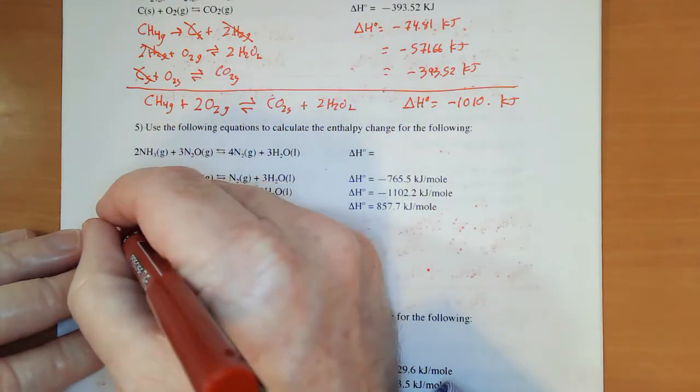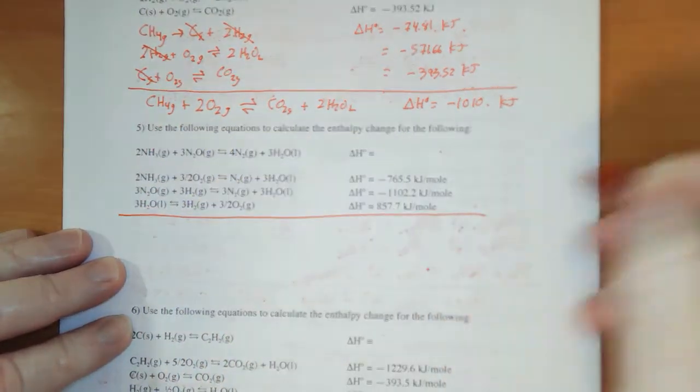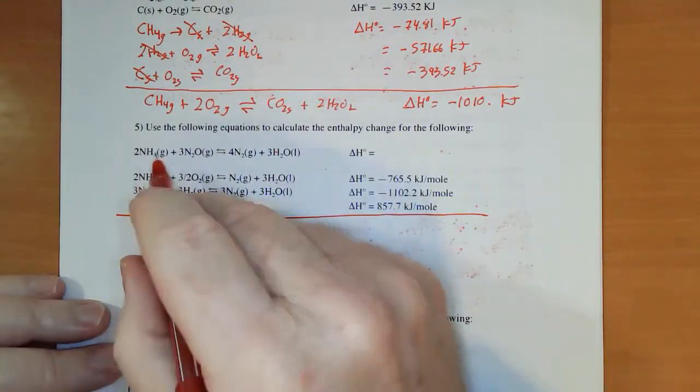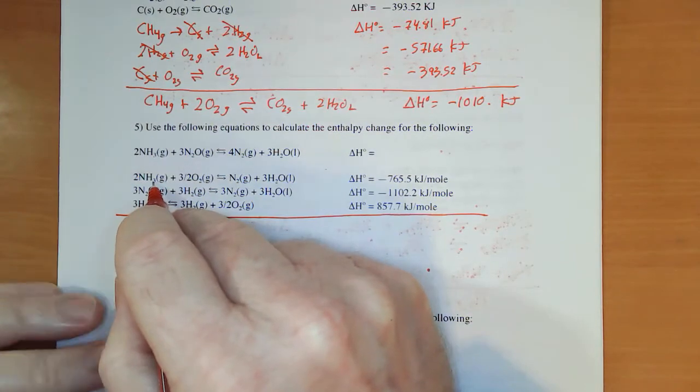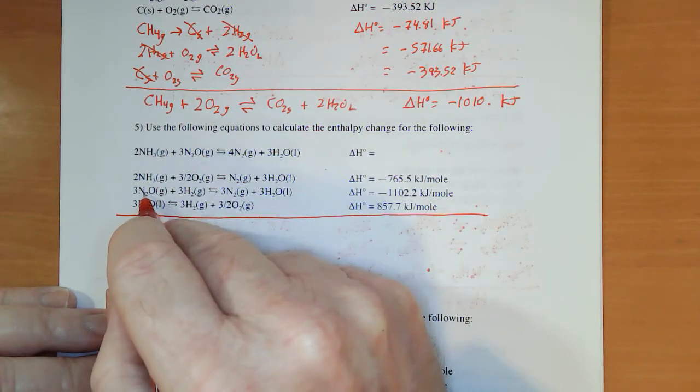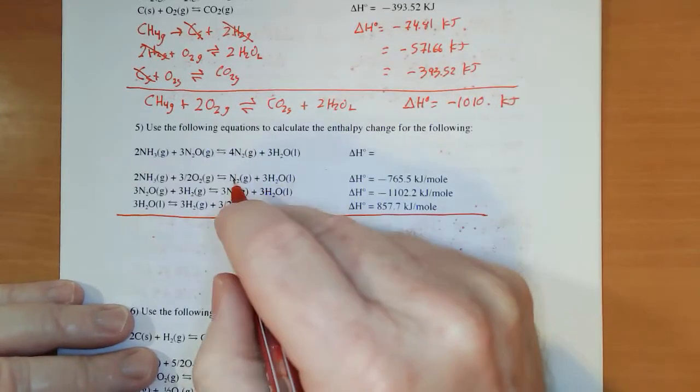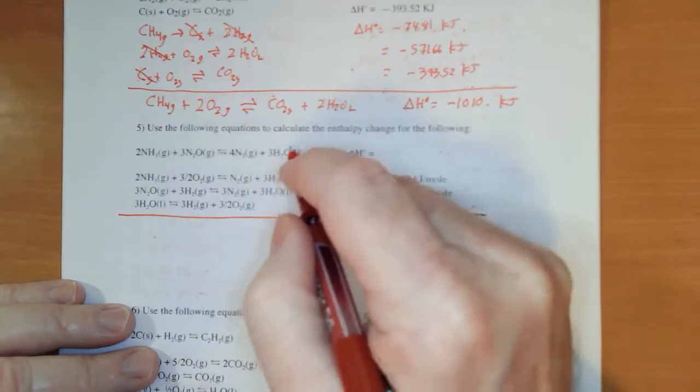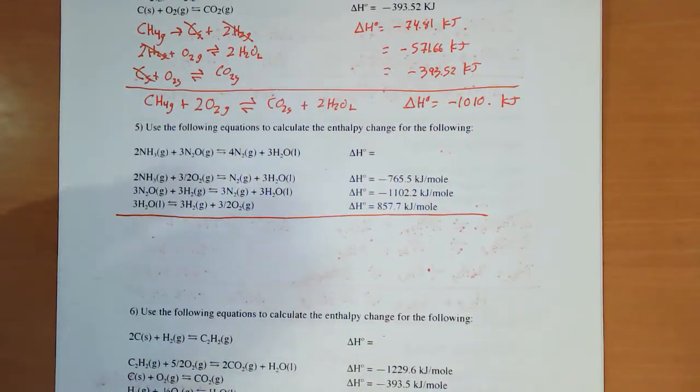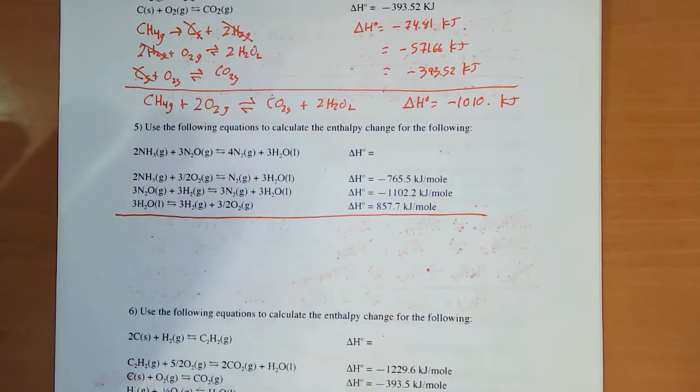Now, when I look at this next one, something interesting happens. 2NH3, and I've already got 2NH3. 3N2O, and I've already got 3N2O. 4N2, and those add together. 3H2O. You know what? I think it's time just to do some canceling.